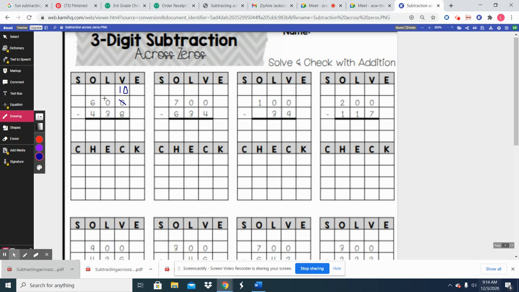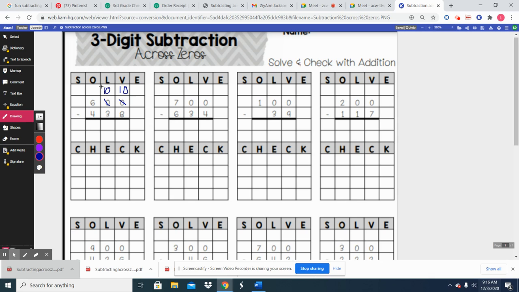And then I'm going to go over to the tens place, and we're going to need to borrow because we had to make a 1 in front of the 10. We cannot borrow from 0, so we are going to add a 1 in front of the 10.